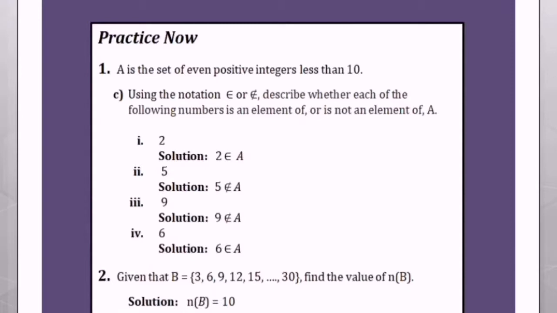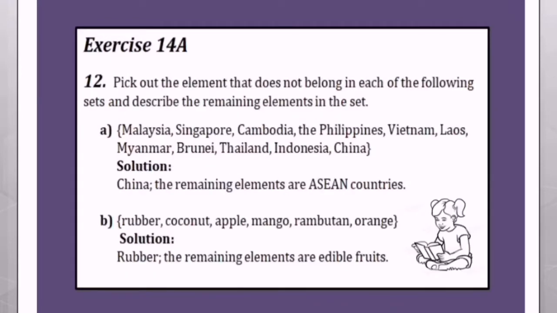Exercise 14A, question number 12. Pick out the element that does not belong in each of the following sets and describe the remaining elements in the set. In the first part, we have some names of countries which are considered Southeast Asian nations, and China is not included in these, so the solution is China.